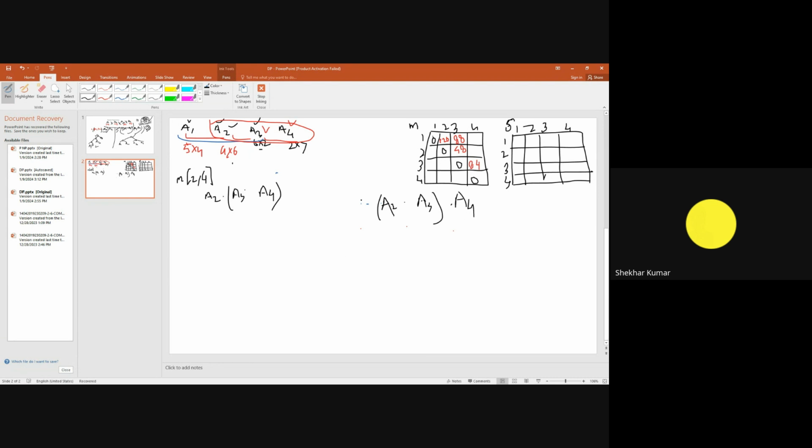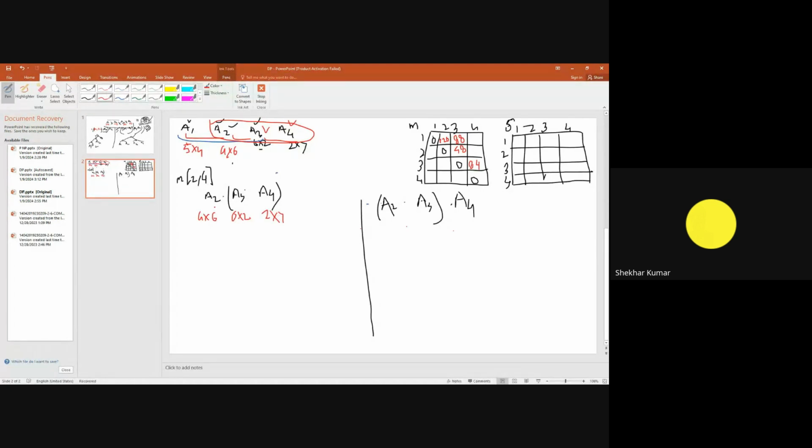So in the first approach, if we calculate the cost, A2 is a 4 by 6 matrix, A3 is 6 by 2, and A4 is a 2 by 7 matrix.